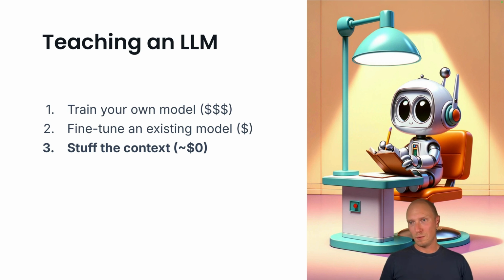This is really good for more static stuff within our business context, but absolutely the cheapest and easiest way of doing this is adding the relevant stuff into the context window as we're asking the LLM to provide us an answer. This is essentially us giving the LLM an open textbook exam, where we ask it a question and pass it the textbook open on the right page, just asking it to read through this page and then answer the question. And it's really, really good at answering that question, provided that we give the right information for it.